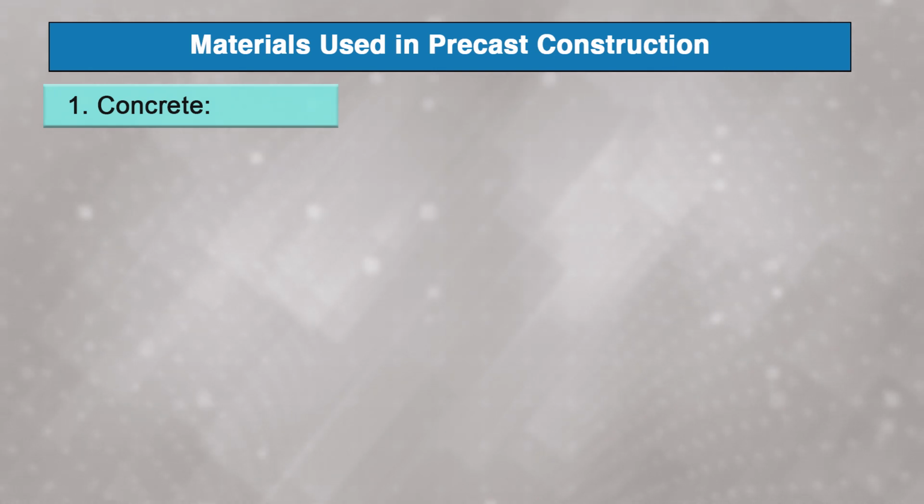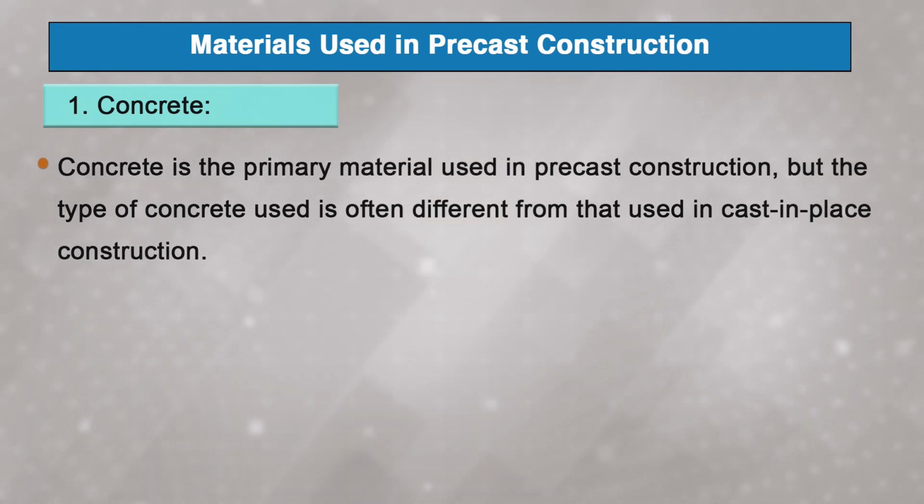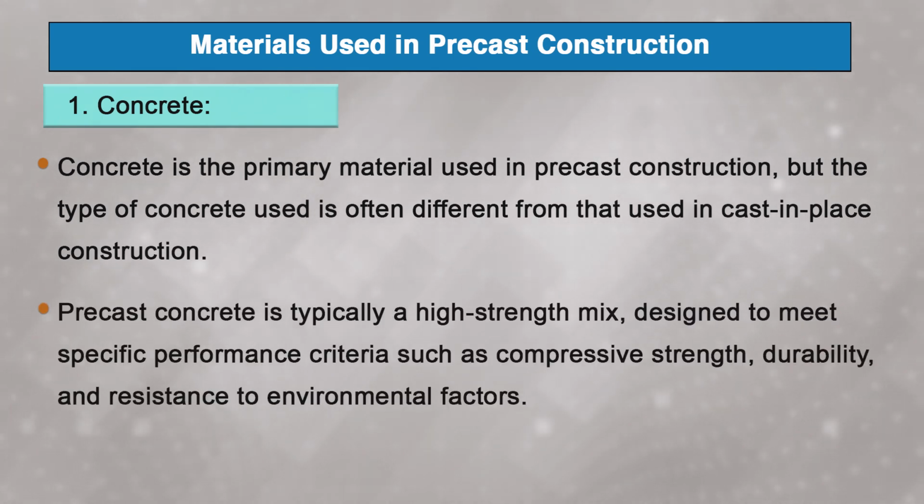Moving on, we will see the materials used in precast construction. First, we will talk about concrete. Concrete is the primary material used in precast construction, but the type of concrete used is often different from that used in cast in place construction. Precast concrete is typically a high strength mix designed to meet specific performance criteria such as compressive strength, durability and resistance to environmental factors.